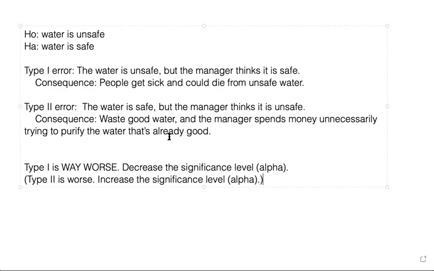So for argument's sake, if you come across a situation where type 2 is worse, you would increase alpha because that's what you have control over. And if you increase alpha, it decreases beta. All right, there it is. Any questions?